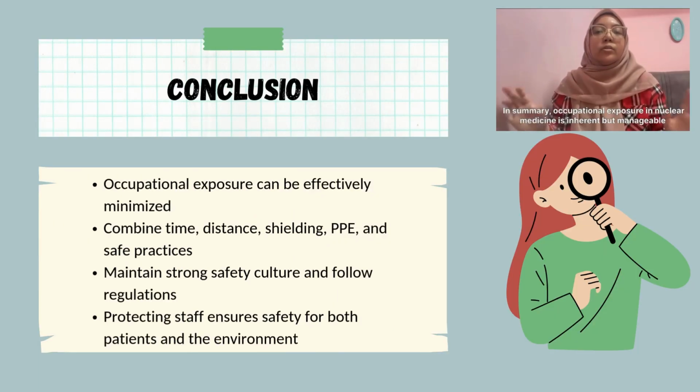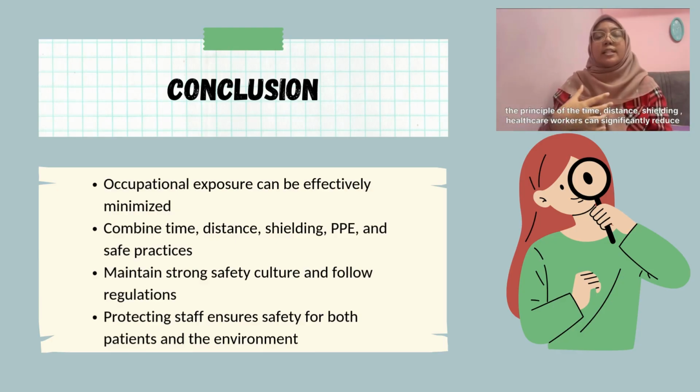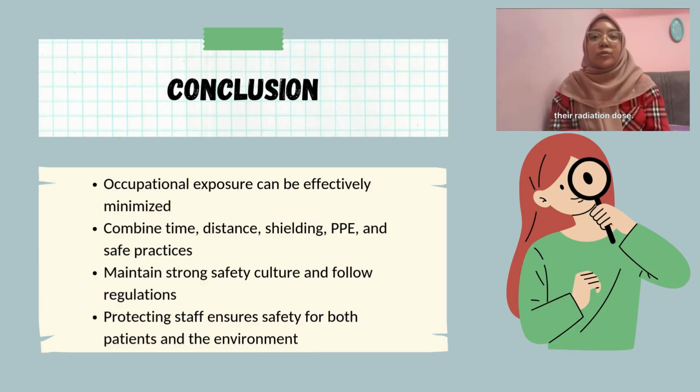In summary, occupational exposure in nuclear medicine is an inherent but manageable risk. By understanding the main sources of exposure and consistently applying the principles of time, distance, and shielding, healthcare workers can significantly reduce their radiation dose.